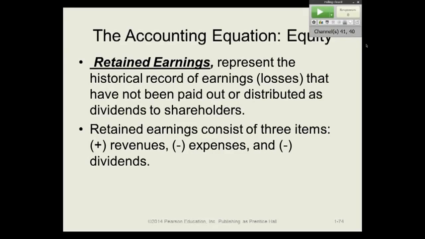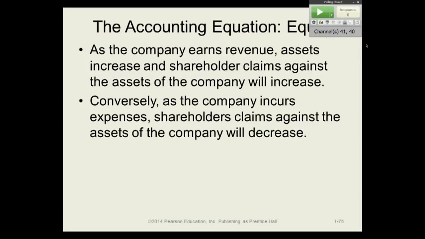Now the revenues, of course, as I said, are going to be transactions that generate assets. Expenses will use up assets as well. And when you have a revenue, the owner's claim increases. So let's say you're a shareholder of Apple. Apple earns income. Your claim against Apple goes up.